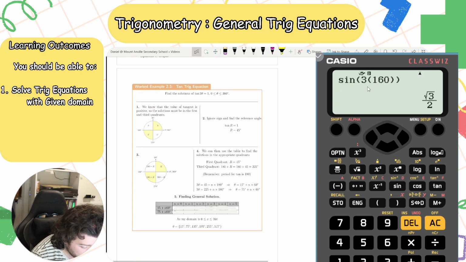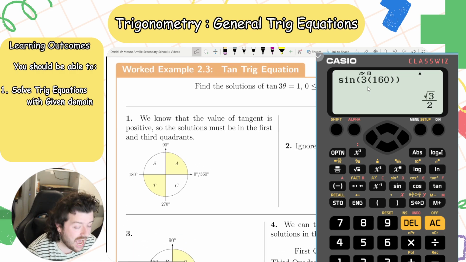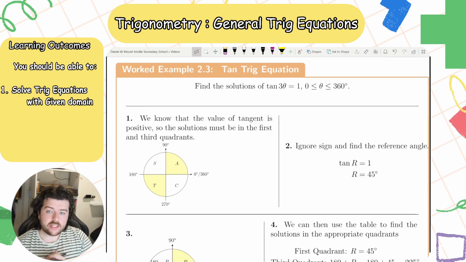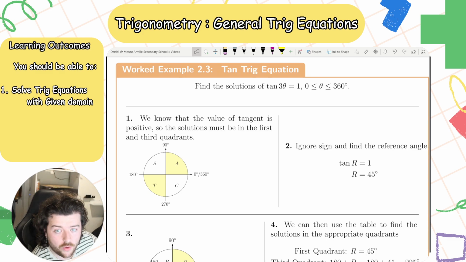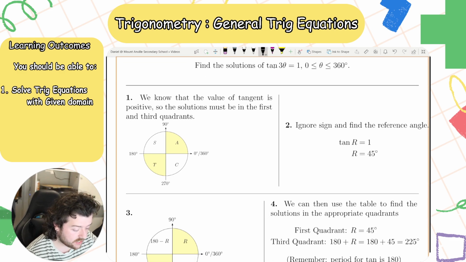So one you just need to look out for is tan. Let's have a look here. Find the solutions of tan 3 theta equals 1. First of all, we need to find out where tan is positive, because tan 3 theta is positive. So it's going to be in the first and the third quadrant.